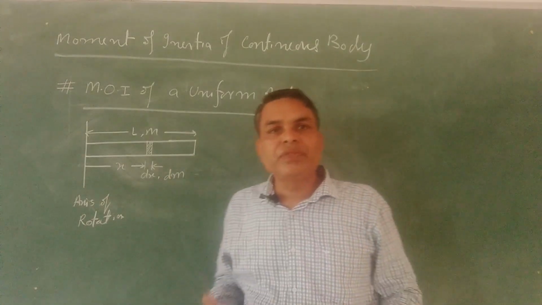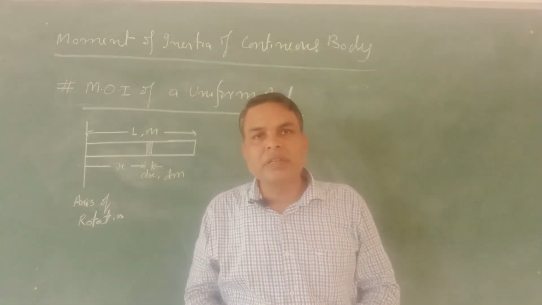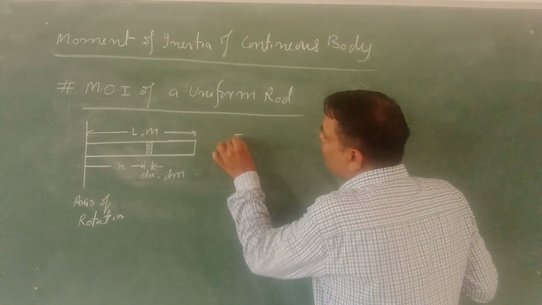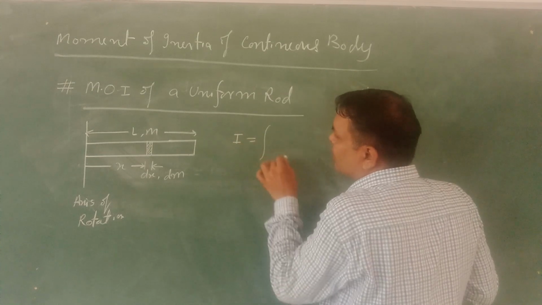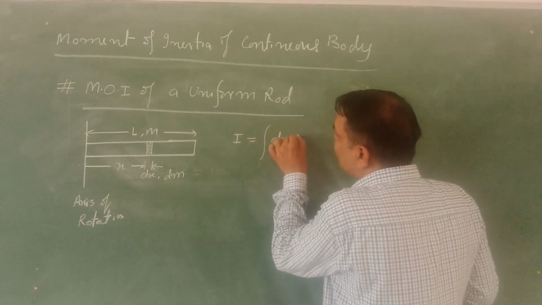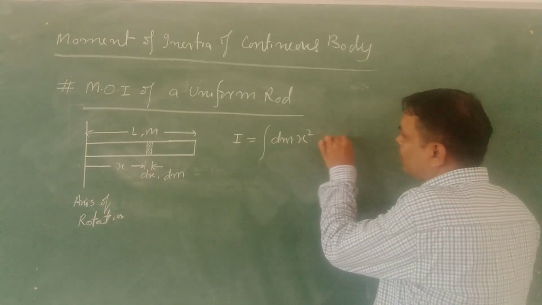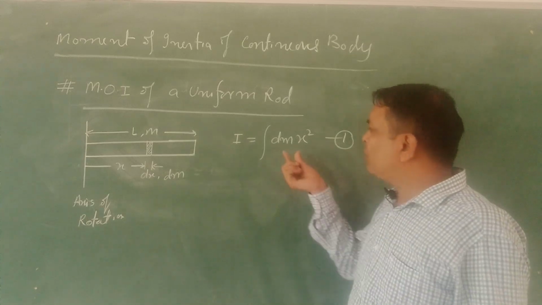So according to the definition of moment of inertia of a continuous body, the moment of inertia of this rod is equal to integration of dm x square. We have to put the value of dm.